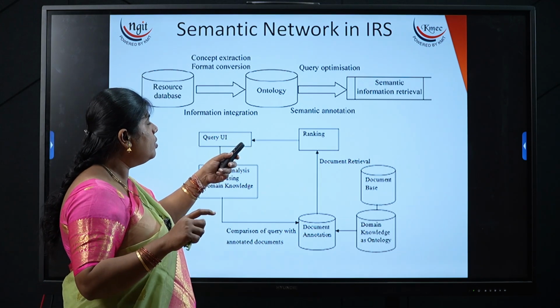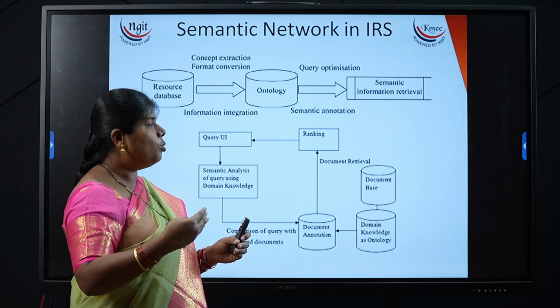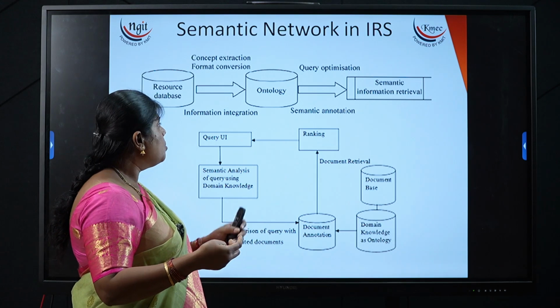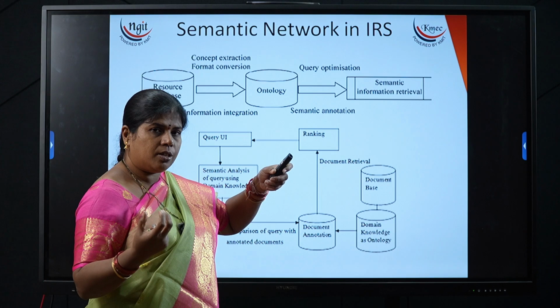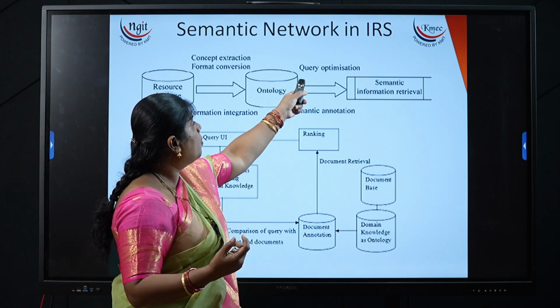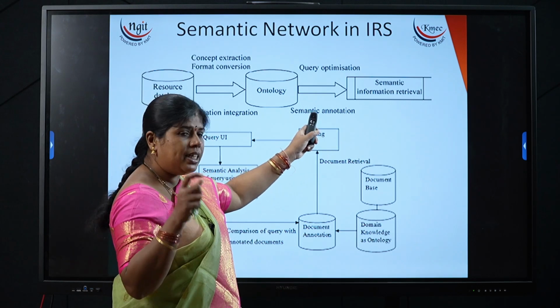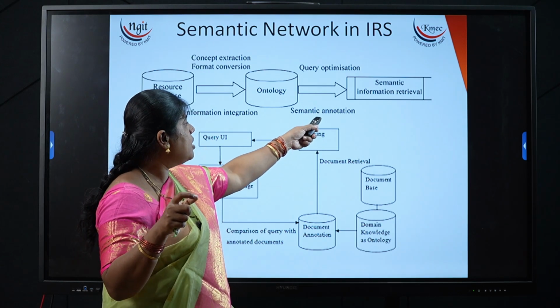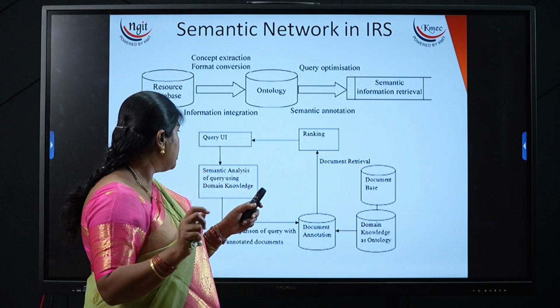Now inside the ontology I have my data, and I know the user's query. So using the ontology I will try to find out the meaning of the terms in the user query. So I will optimize my query by using the semantic annotations. The meaning of terms in the query is known as a semantic annotation. And finally, I will go for the semantic information retrieval.